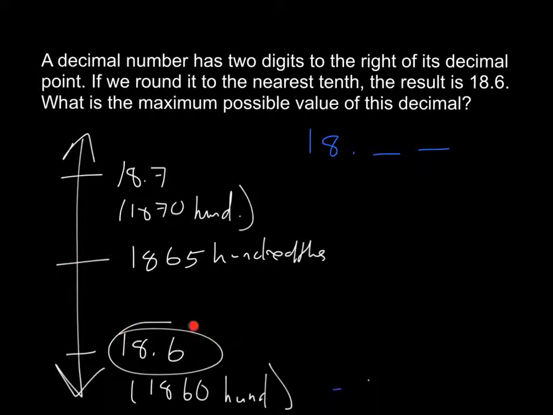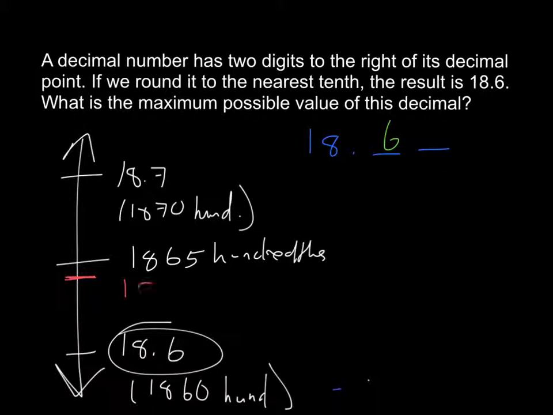So we're going to use this base number at the bottom as our first place for the tenth. So we're going to have 6/10 because we round down to 6/10 here. Now we also need to know that our number is not going to cross this middle line. If that middle number is 1,865 hundredths, we're just going to go one less.